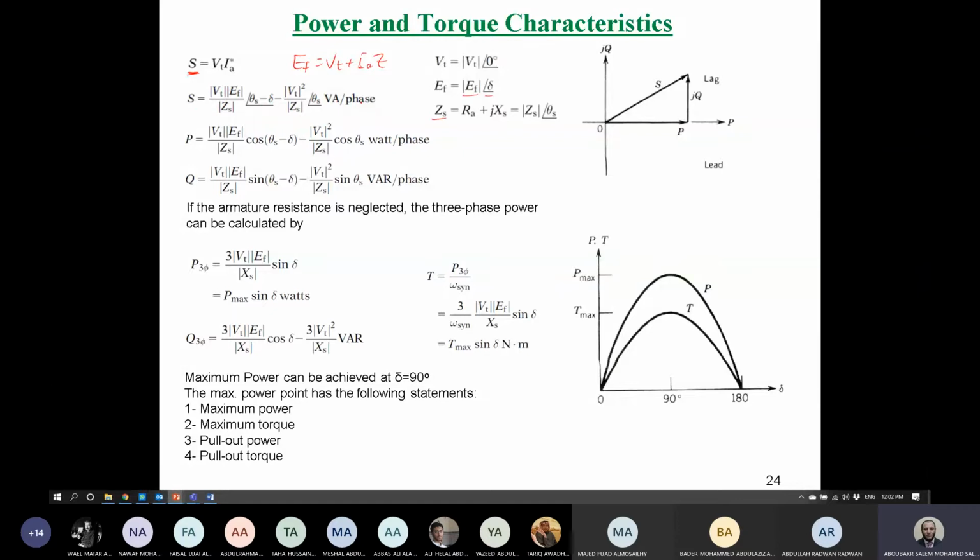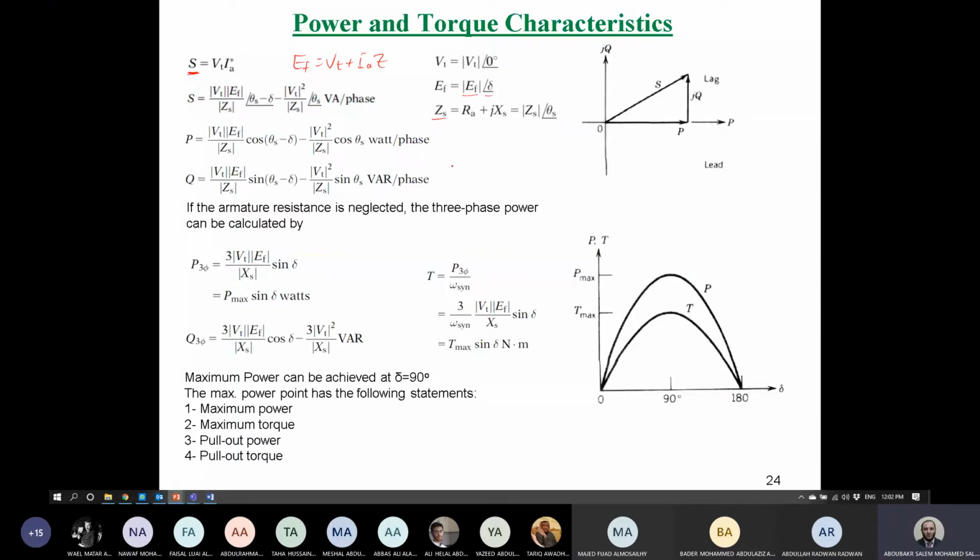To obtain the active power equation, the active power is nothing but the magnitude multiplied by cosine the angle of the vector in order to get the real part of the apparent power. So this is our active power, and the sine part is the imaginary part, or reactive power.